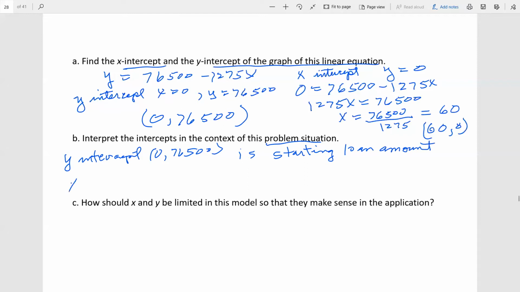The x-intercept, which is (60, 0), is the month the loan is paid off.